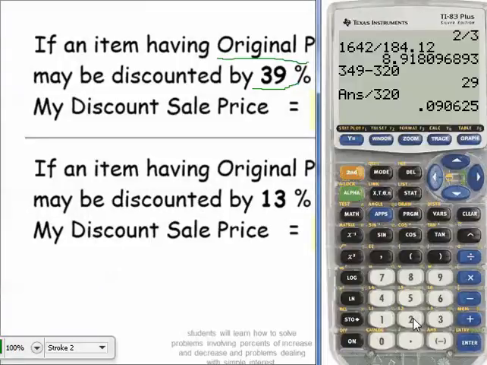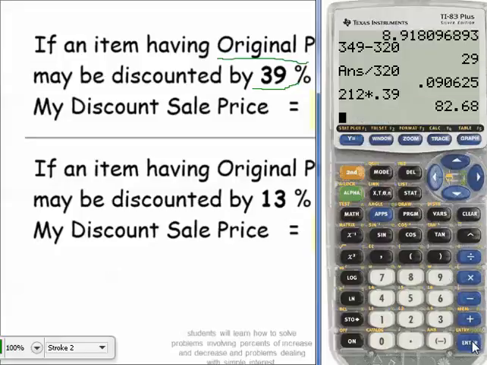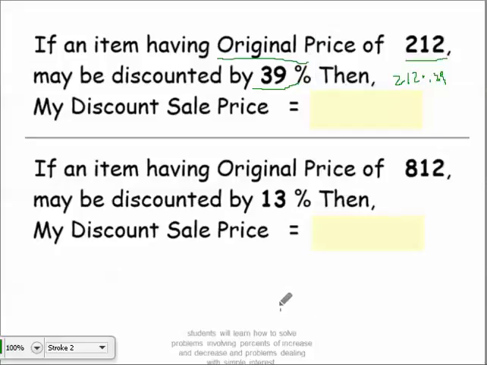Let's go ahead and do it anyway. 212 times 0.39 gives you $82.68. Is that how much they're going to sell it for? No, because that was the discount of 39%. That's what that 39% represented.